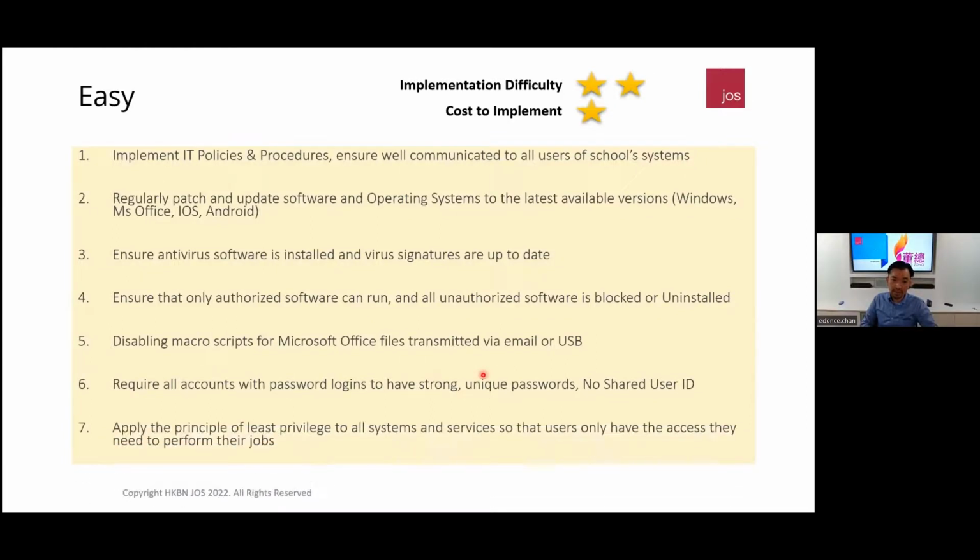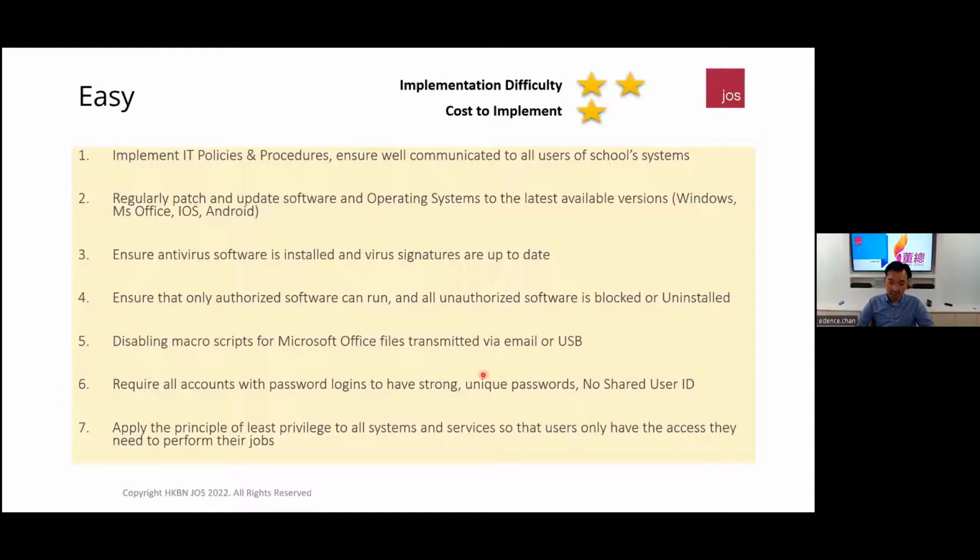And the last one for easy is apply the principle of least privilege to all systems and services so that users only have access to what they need to perform their job. What I mean here is, if the user is required to access only one folder, then we only give access to that folder.